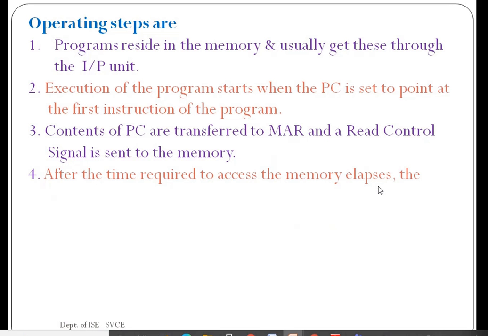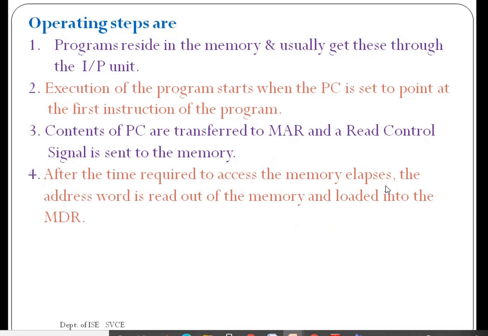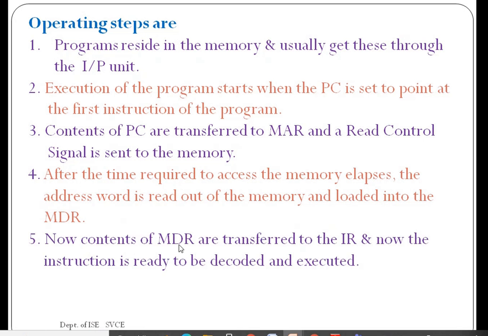Once that access time has elapsed, the data is ready and is loaded into the MDR. Here, this is the instruction, so the instruction is loaded into the MDR. From the MDR, the instruction is transferred to the IR. Now the instruction is ready to be decoded and executed.